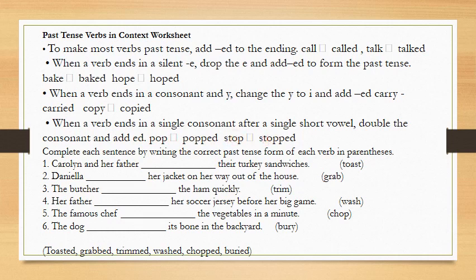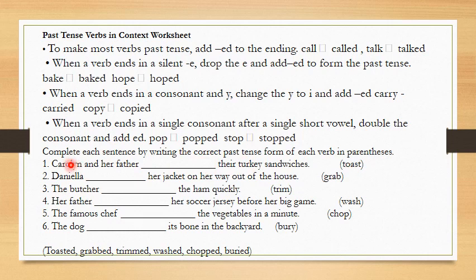Now here is another example for you to do the practice. Complete each sentence by writing the correct past tense form of each verb in parentheses. In the parentheses, you can see the forms of the verbs are given. We need to write in the blanks and choose the correct form of the verb.